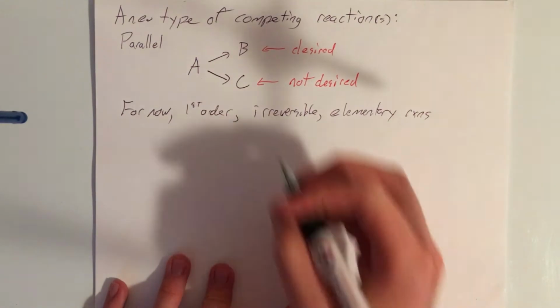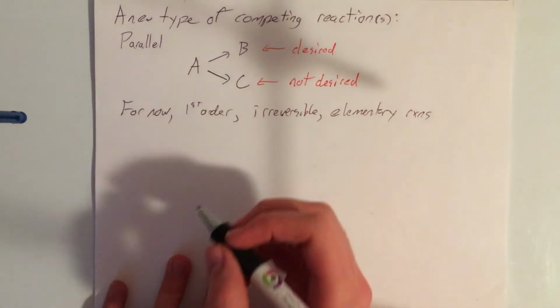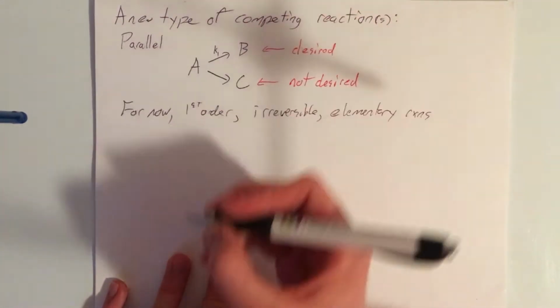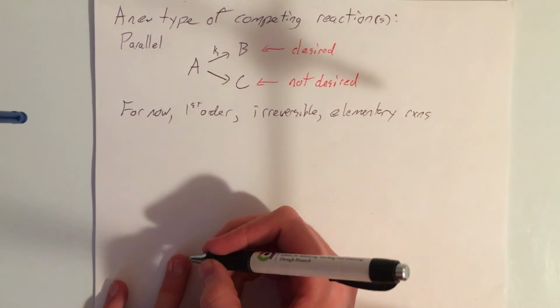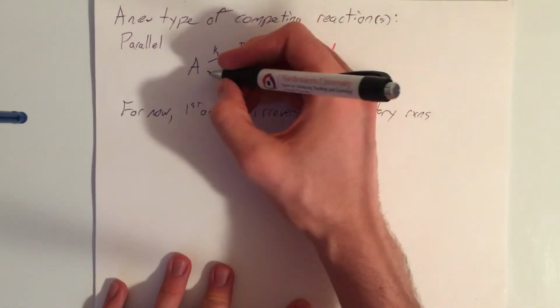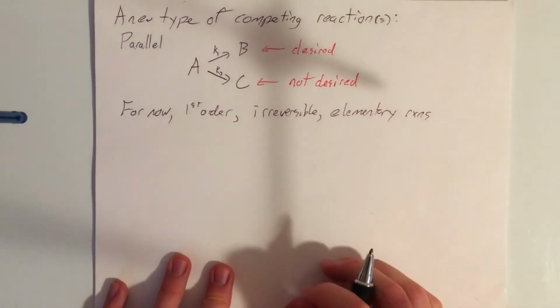The A going to B and A going to C don't necessarily need to have the same rate constants, so we'll consider the potential for different rate constants. Let's say A goes to B with some rate constant K1, while simultaneously A goes to C with a different rate constant K2.